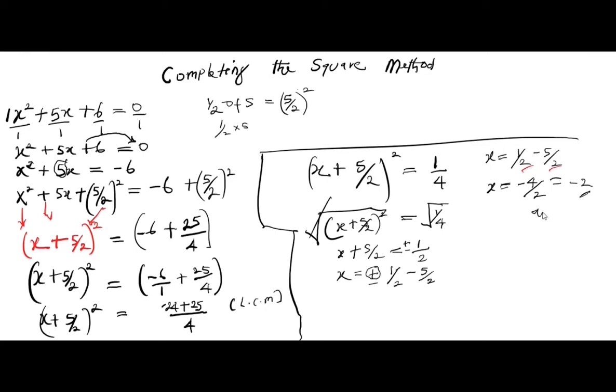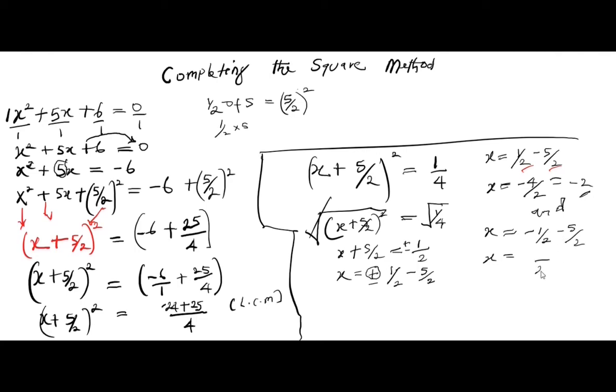And let's take the other value of our x. So we have our x equals to negative 1 all over 2 minus 5 all over 2. So here our x equals to negative 1 minus 5, because the LCM here is still 2.